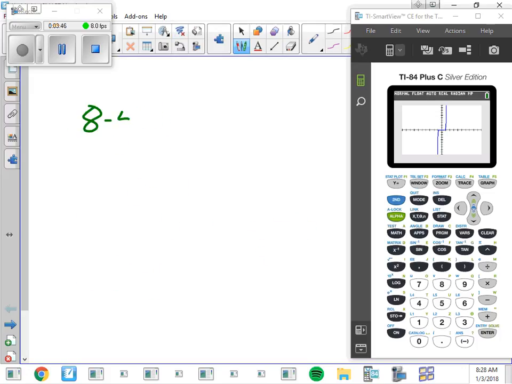8 minus 4x is greater than or equal to 20.